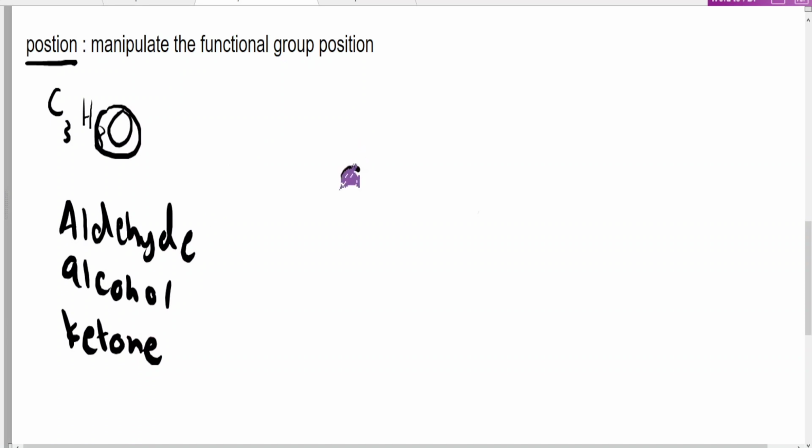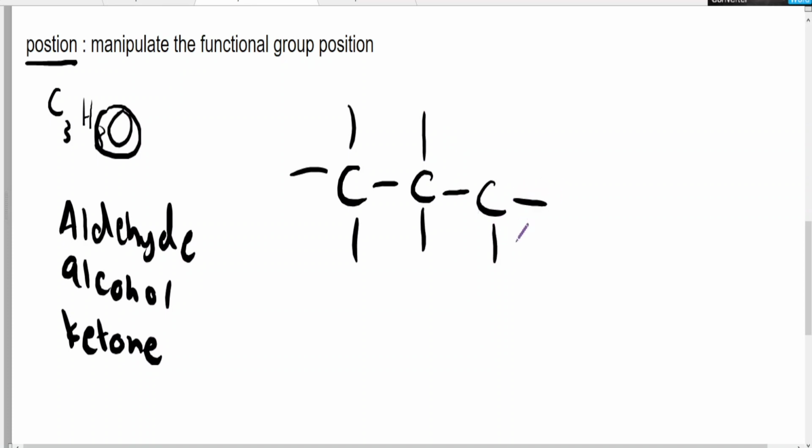Again, biggest unbroken carbon chain of 3 carbon atoms, and 8 hydrogens. So 1, 2, 3, 4, 5, 6, 7. So double bond O. And this is giving me C3H7O. With three carbons, I can only have a maximum of 7 hydrogens. So it cannot be an aldehyde because I have 7.